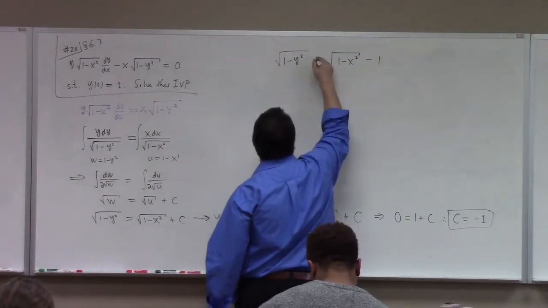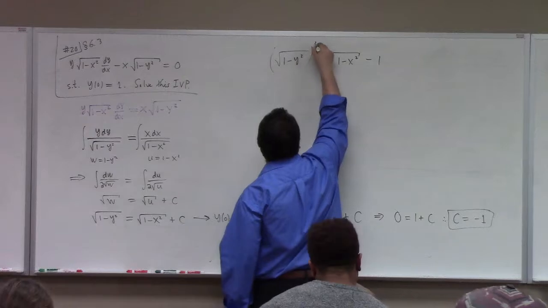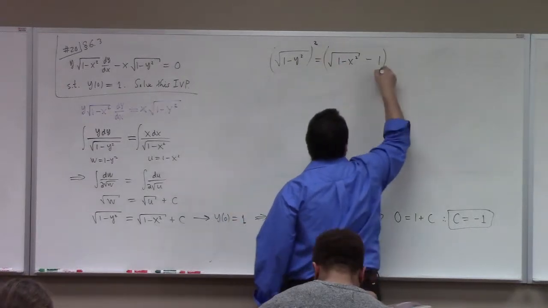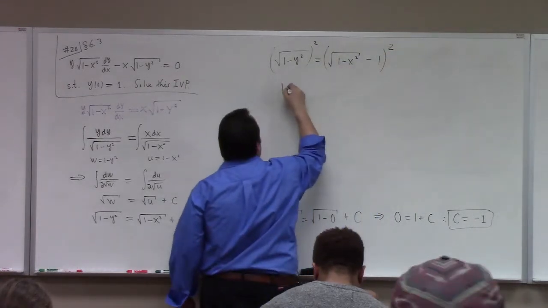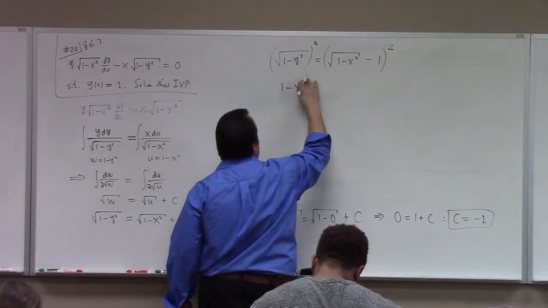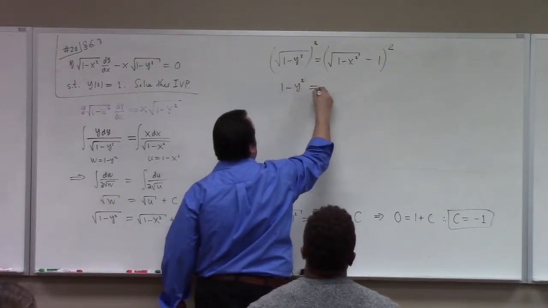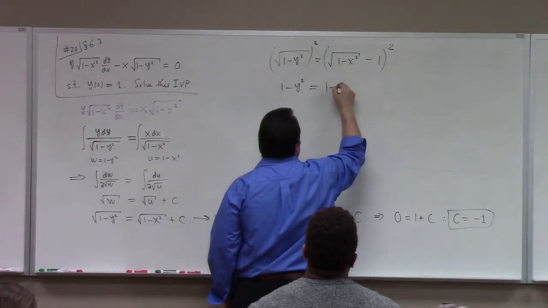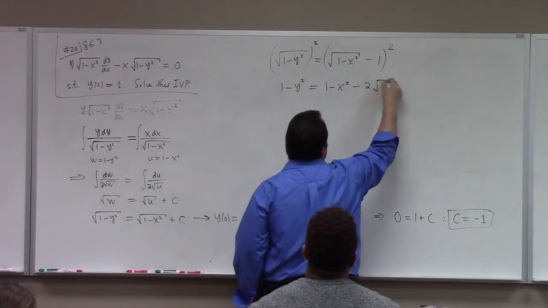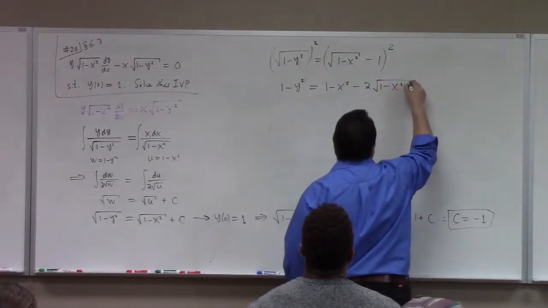So let's square both sides, just like you said. Don't forget, you gotta FOIL things out, you know, distribute. So that's 1 minus x squared minus twice the square root of 1 minus x squared plus 1.